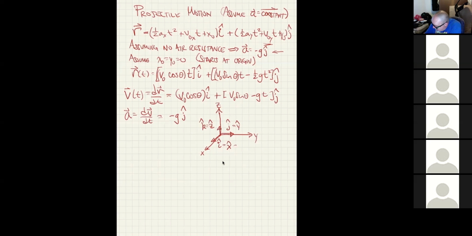In actuality, in the math departments, they'll call that e1 hat, and they'll call this e2 hat, and they'll call this e3 hat. So that's another notation. I just use the i, j, k or the x hat, y hat, z hat. So that's what it is.